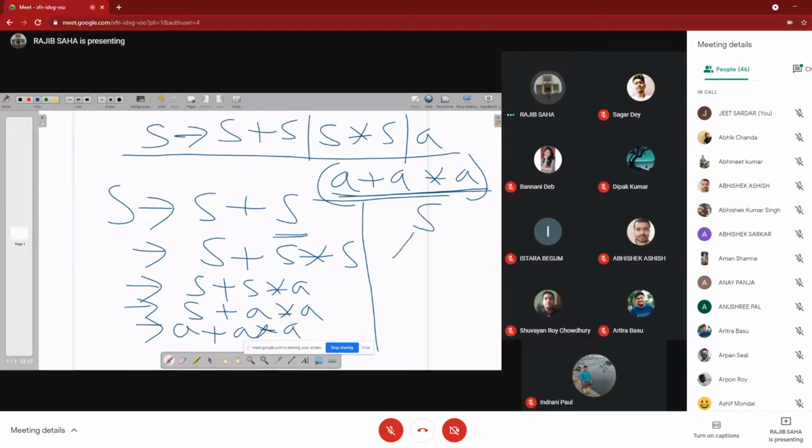We have started from S, and S tends to S plus S. Then this is replaced by S into S, and these are replaced by A, and this is also replaced by A. So I think this is clear, and this is basically the yield of the parse tree. Is that clear to all of you? Yes, sir.